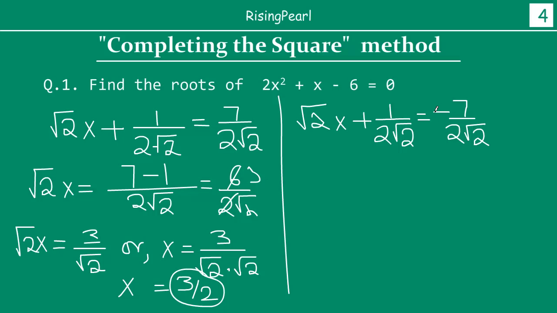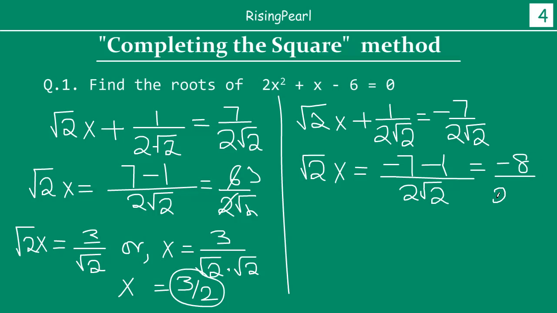Now how about looking at the minus value? So here we will have square root 2x equal to, the denominator is the same, which is 2 square root 2. Now you have minus 7 and this will become minus 1. So minus 7 minus 1 will be minus 8 by 2 square root 2. 2 1s are 2, 2 4s are 8.